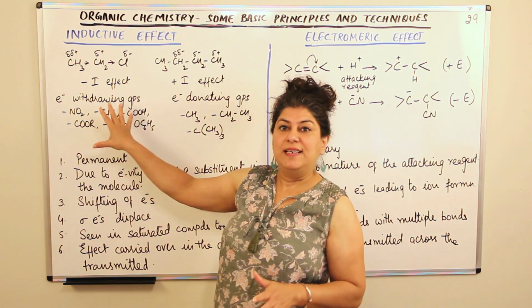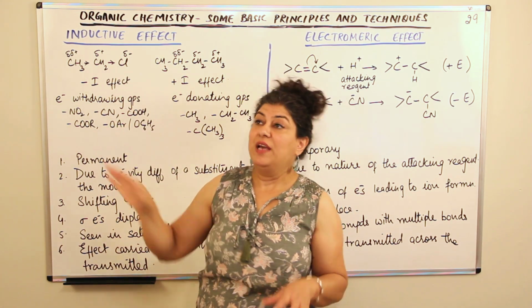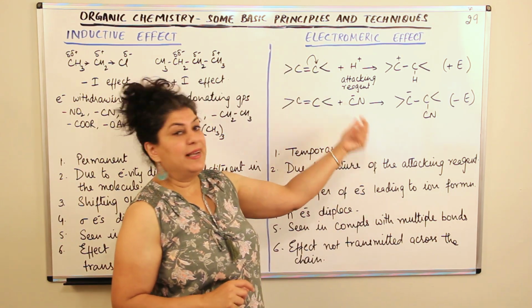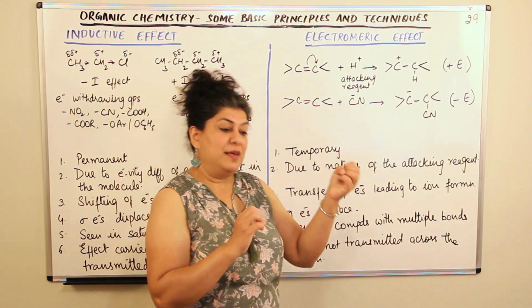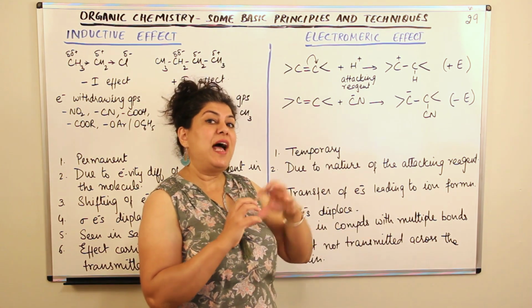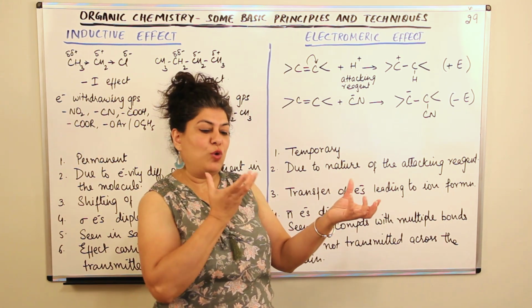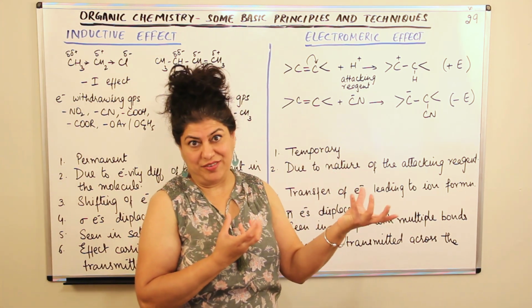It means that inductive effect is due to the presence of a species, an atom or a group within the molecule, the substrate. And on the other hand, the electromeric effect is due to the atom or substrate which is outside the molecule, which is not the substrate. So in an organic reaction, what do we have? We have the substrate and we have the attacking reagent.